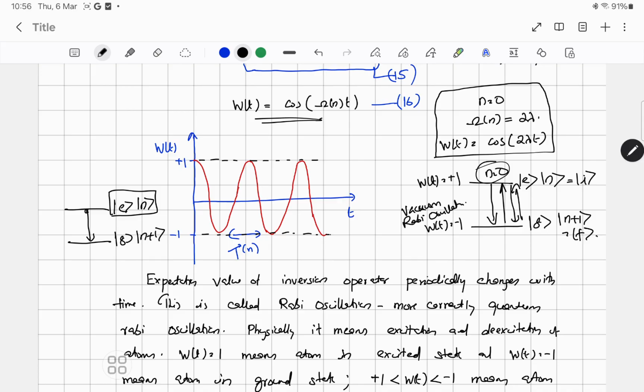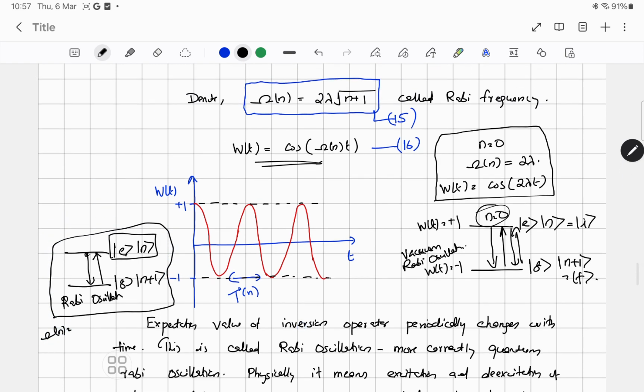If the Jaynes Cummings model is working here, then the system can move from the state En to Gn plus 1 and vice versa with some frequency, and that variation is called the Rabi oscillation, and the Rabi oscillation frequency is given by 2 lambda root n plus 1.